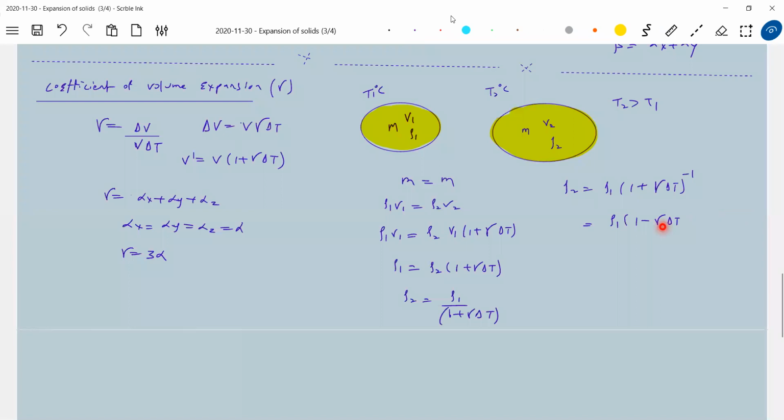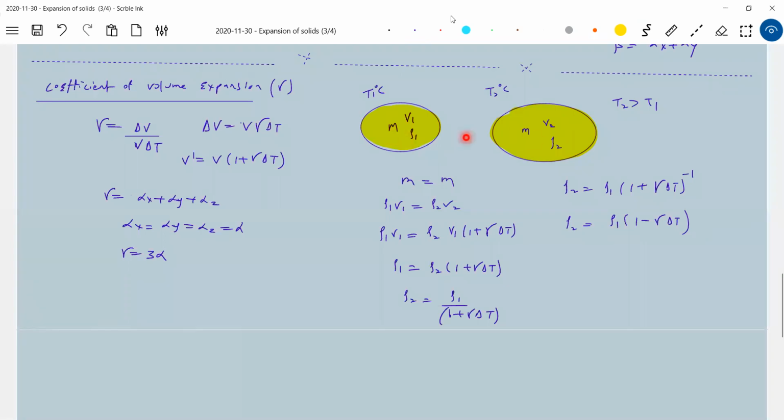As gamma is very small, of order 10 to the power of minus 6, neglecting higher order terms, I'll end up with this much here. I'll be using this very widely. Therefore, as you raise the temperature, what will happen to the density of the substance? In general, whether solid or liquid, the density of the substance will decrease.